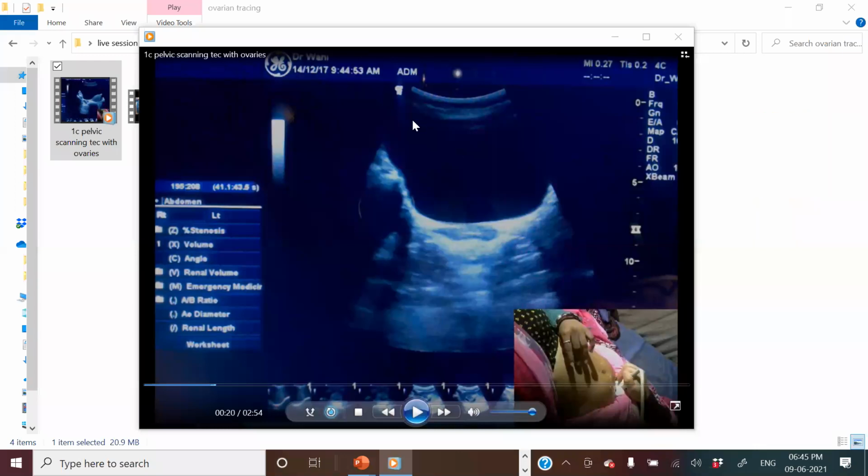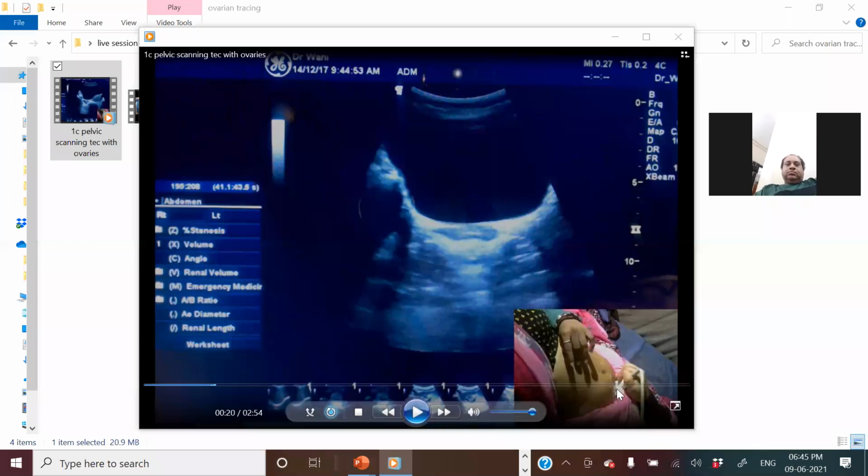It means the beam should pass through the bladder. Bladder is the window. So if you are scanning the left ovary, don't put the probe on the left side, because that way you are not making a window which is the bladder.